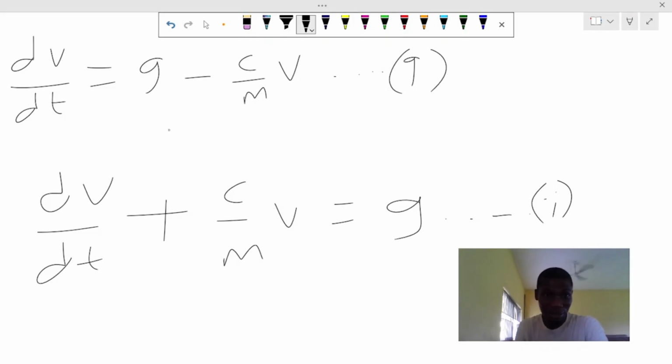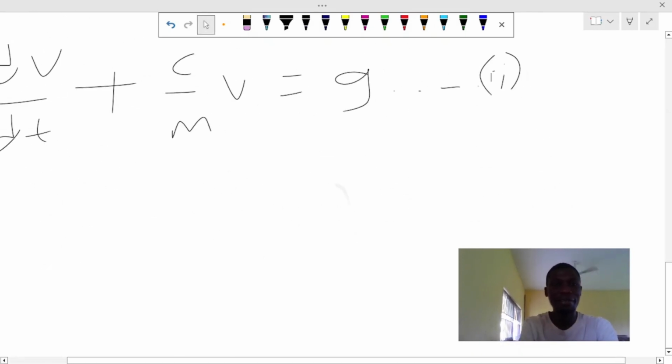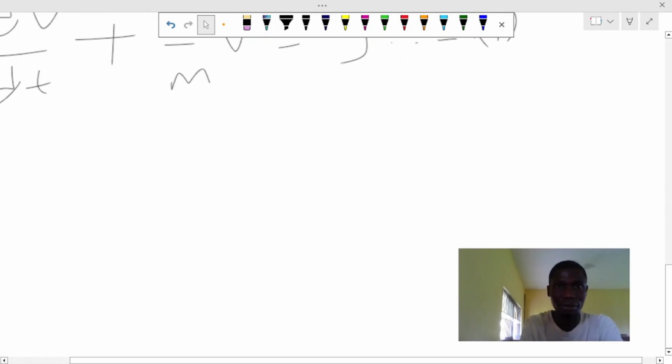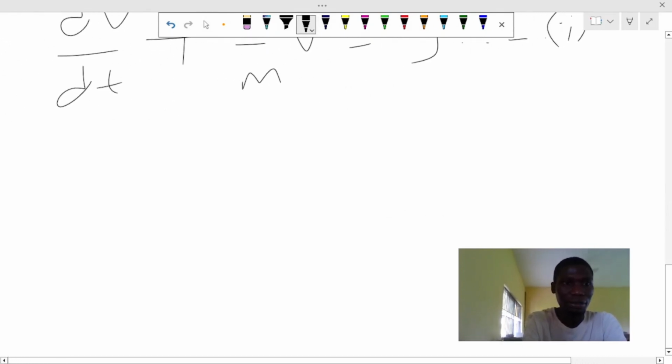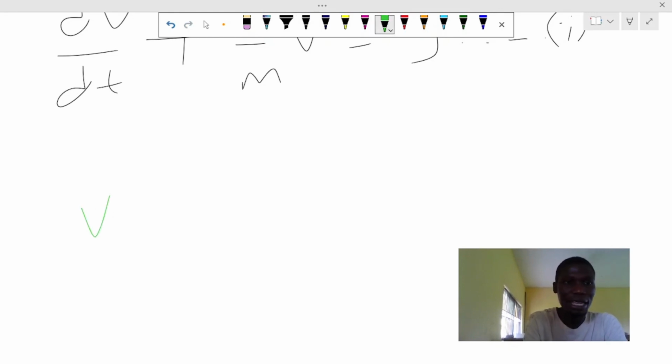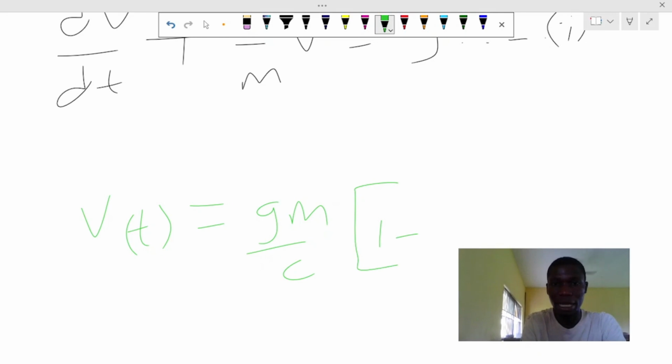If you do that, you arrive at v of t equals gm over c, times 1 minus exponential of minus c over m t.